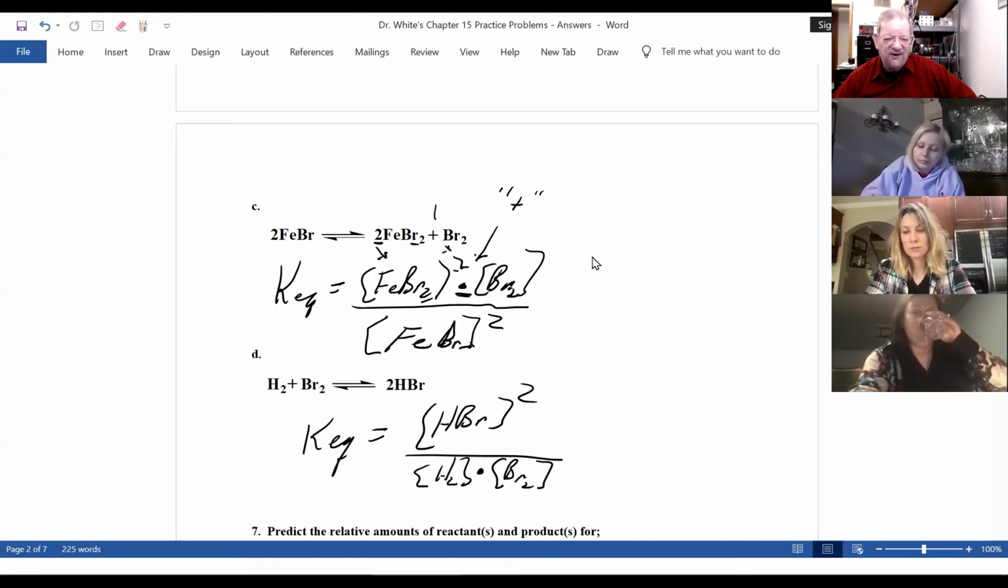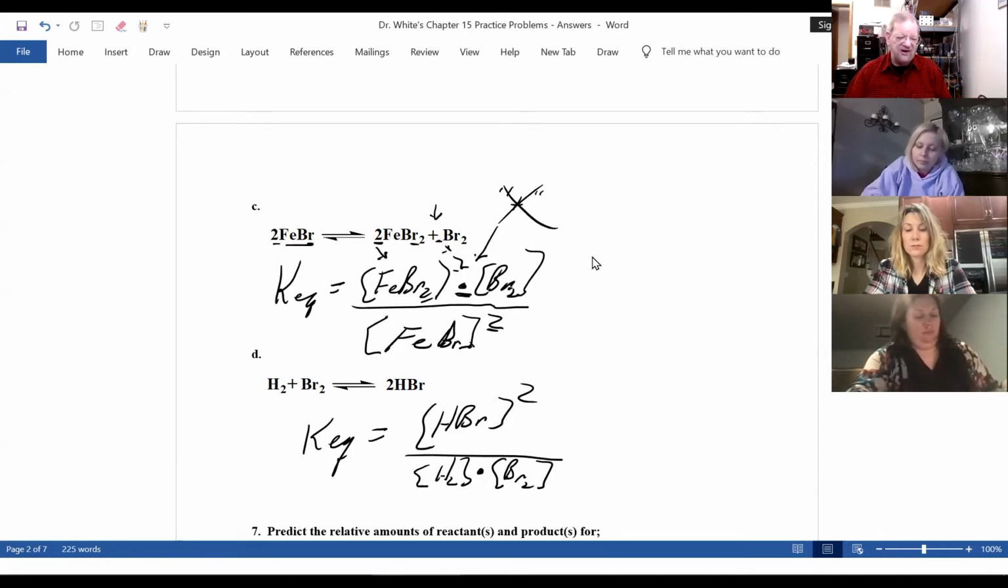And I've always wondered, will they see that and think this is wrong, don't do it. Times the concentration of bromine, and notice the coefficient is 1, divided by the concentration of ferrous bromide to the power 2, because the coefficient is there.